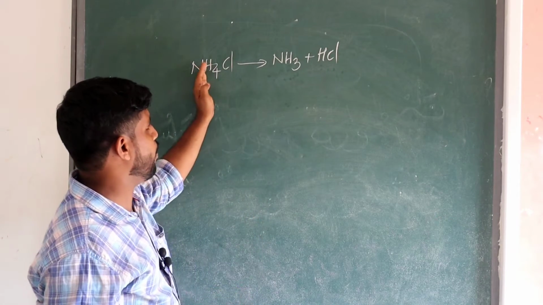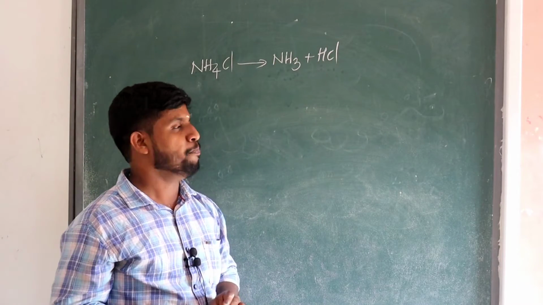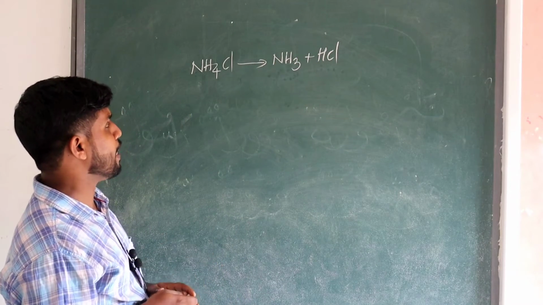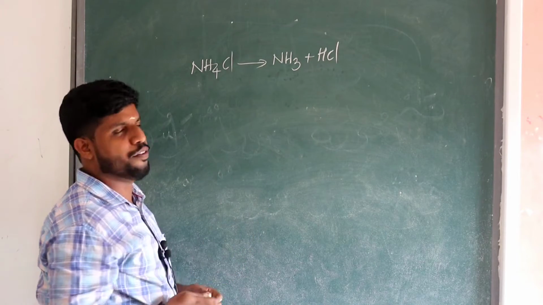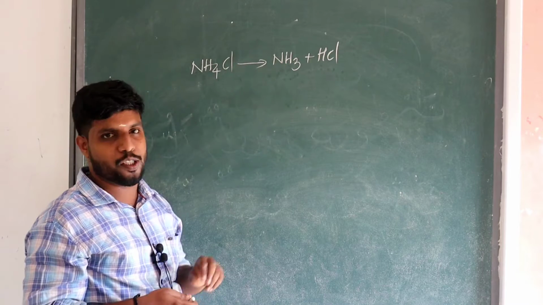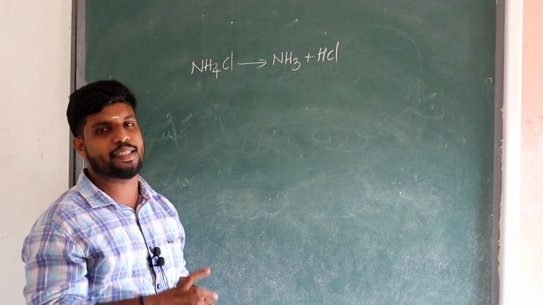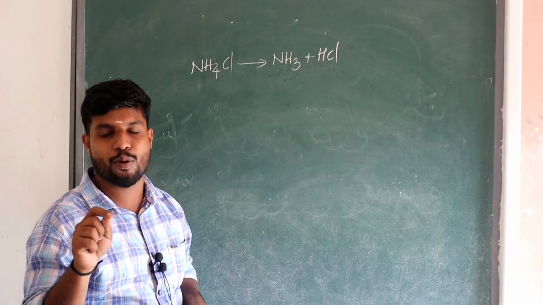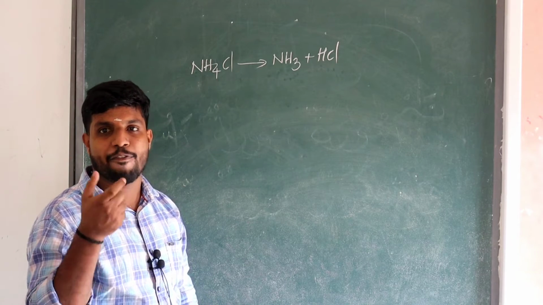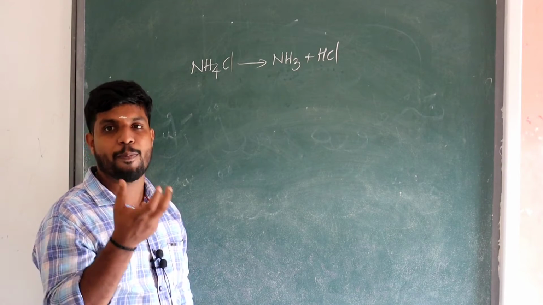So if you heat ammonium chloride, it is decomposed into ammonia and hydrogen chloride. Next, when ammonia is produced from heating ammonium chloride, if you introduce a glass rod that is dipped in HCl in front of the ammonia gas, white dense fumes will be produced.